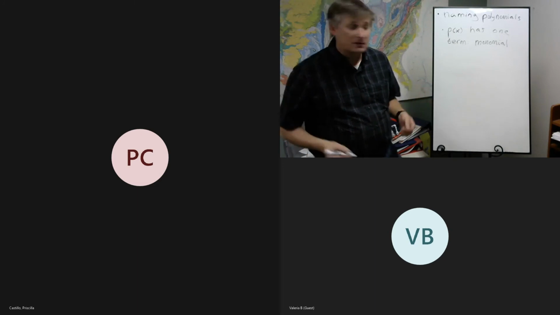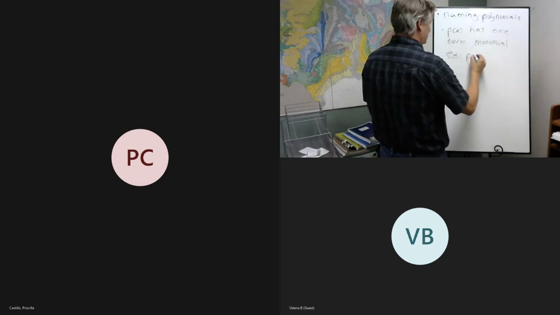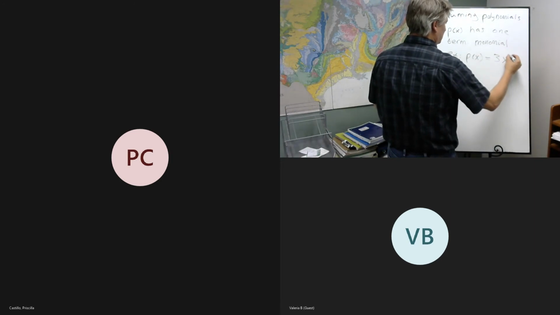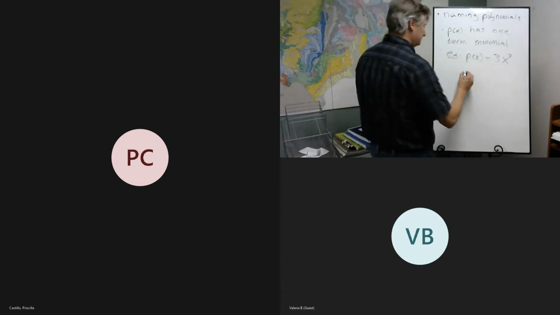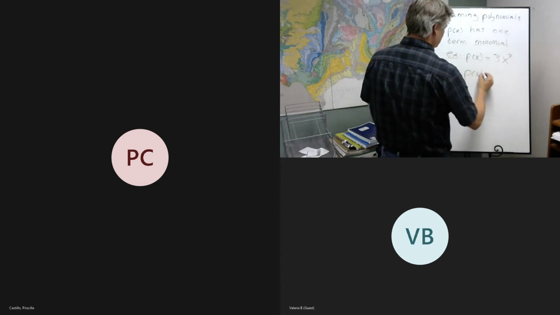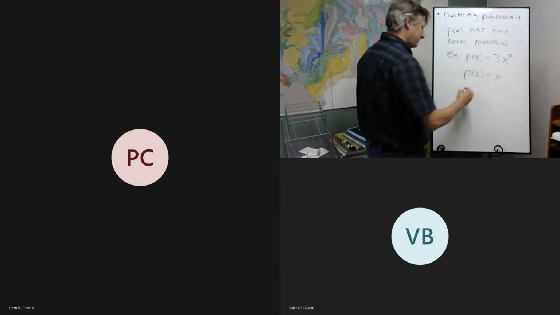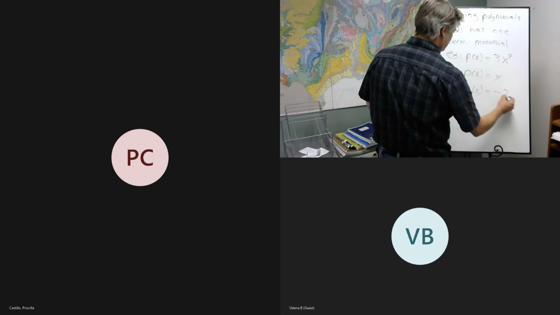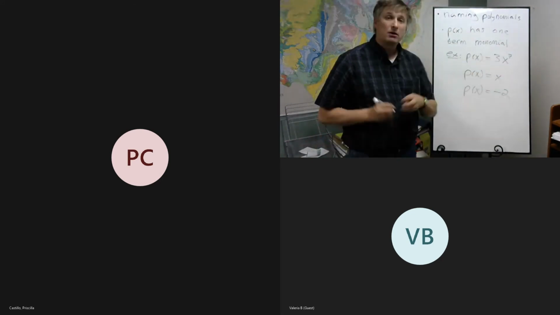To give you some examples. That would be a monomial. That's a monomial. And that's a monomial. They're just single-term polynomials.